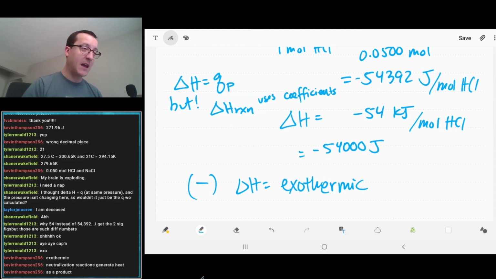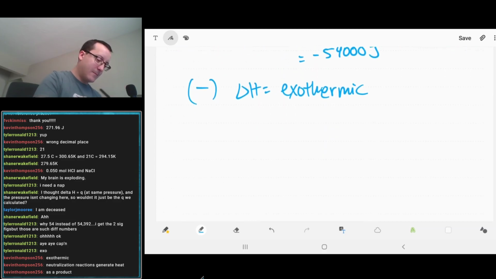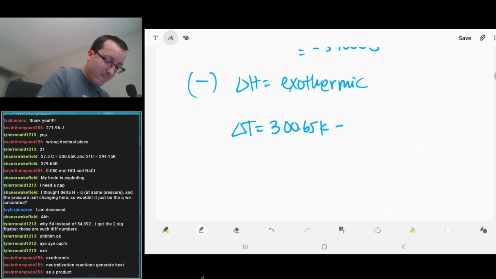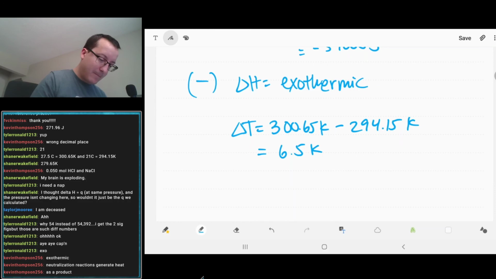Okay, Shane, last thing. If we had converted our temperatures to Kelvin, if we do that, I guess that would be 6.50 Kelvin.